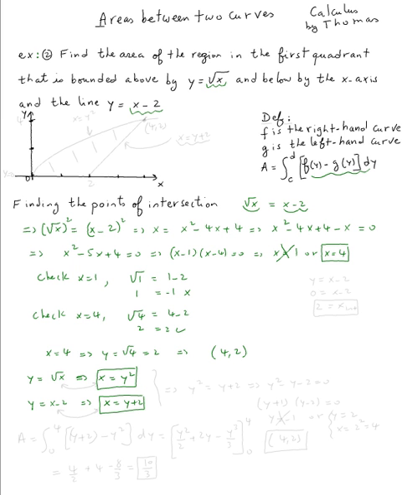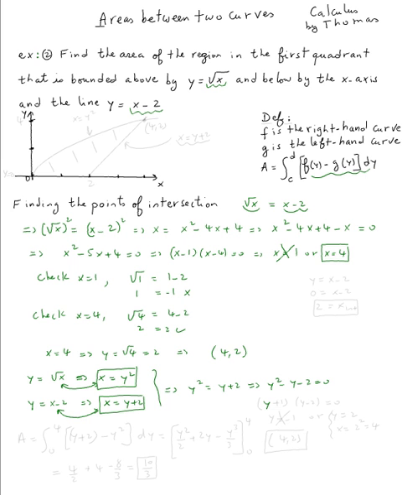In other words, these curves are exactly the same, except they're written differently. They're written here as a function of y instead of a function of x. Then you set the x's equal to each other, you get y squared equals y plus 2, which means y squared minus y minus 2 is 0.